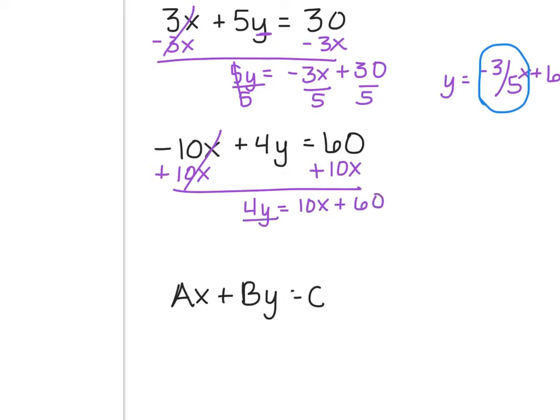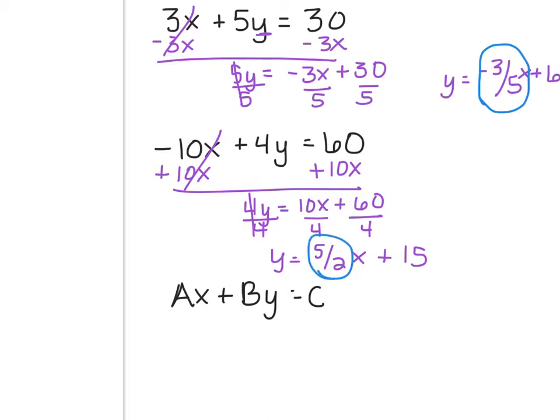And then I'm going to divide everything by 4. So I get y equals, now technically that's 10 over 4. I should reduce it. I'm going to keep it as a fraction, but I'm going to reduce it to 5/2 x plus 60 over 4 is 15. So here's my slope.